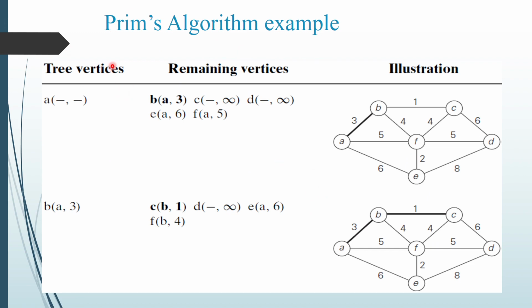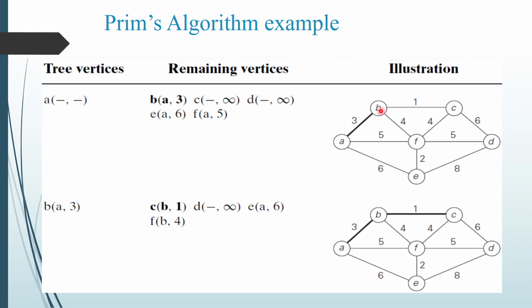first you have to make three columns. The caption of the first column is tree vertices, the second column is remaining vertices, and the third one is illustration. Next, in the first column you start writing the vertices which you are going to visit.